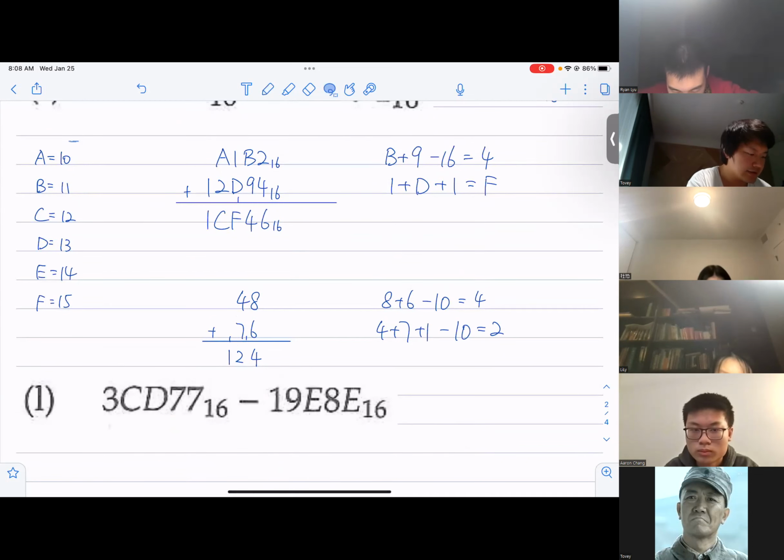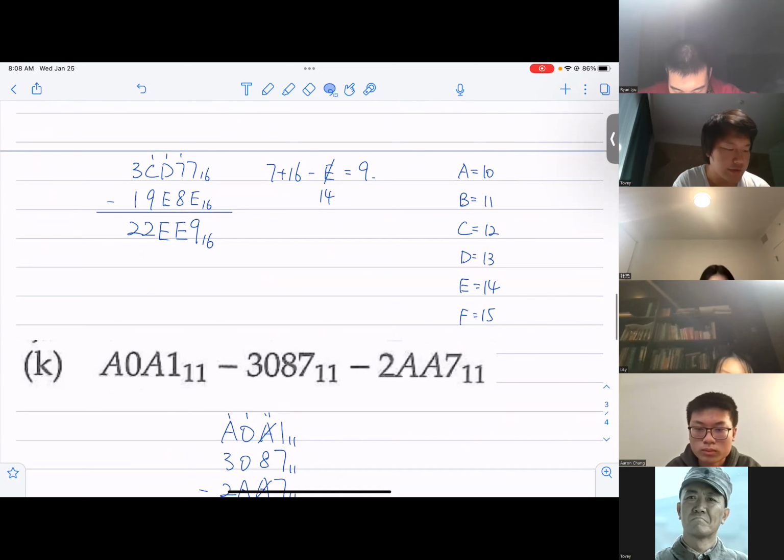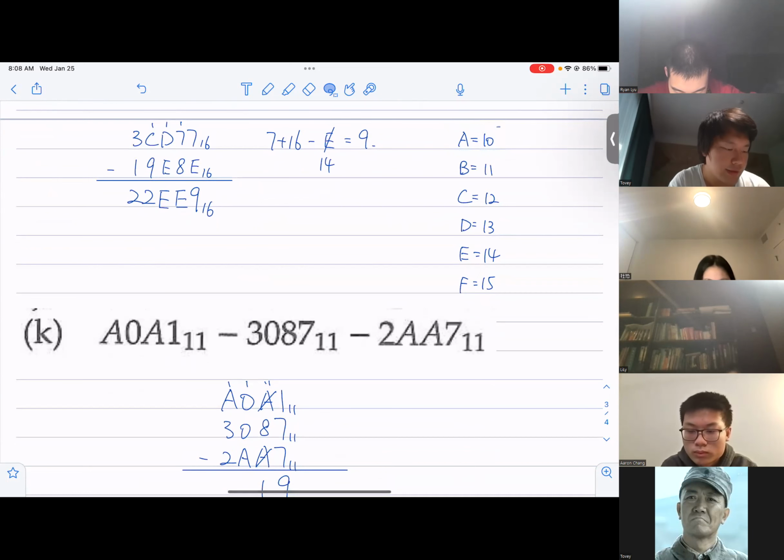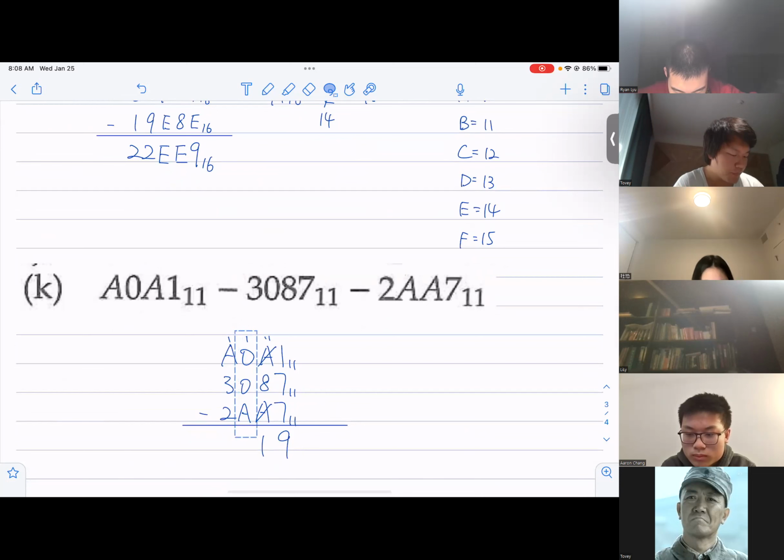A is 10. A is the first letter, so it represents the first number after 9. Because after 9, we don't have any digit, we use letters, right? So remember that A is 10. This is easy to remember, okay? So 10 minus 10 is 0. Very good.